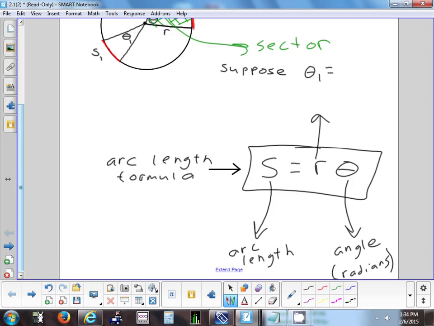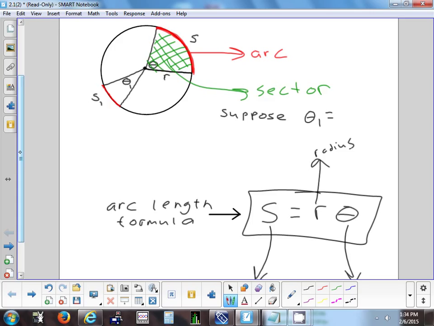And what do you think R is, having to do with a circle? It's the radius. The arc depends on two things. It depends on how big of a circle you have, and it also depends on how big of an angle you have. Change either one of those things and you change the size of the arc.